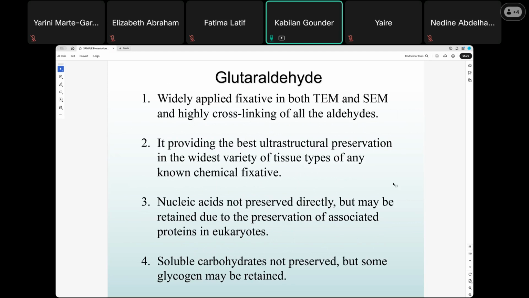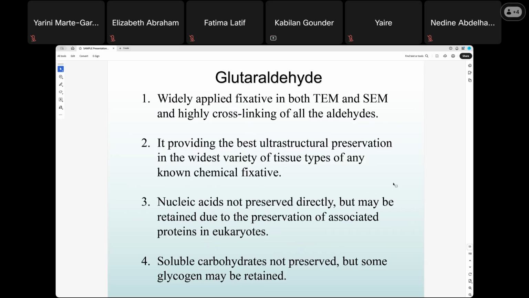It provides the best ultrastructural preservation in the widest variety of tissue types of any known chemical fixative. So glutaraldehyde is one of the best fixatives of all time for electron microscopy.